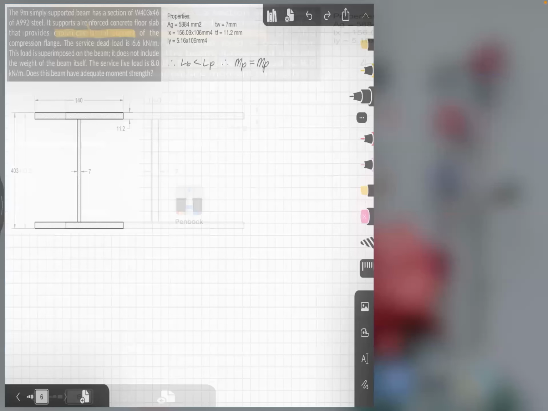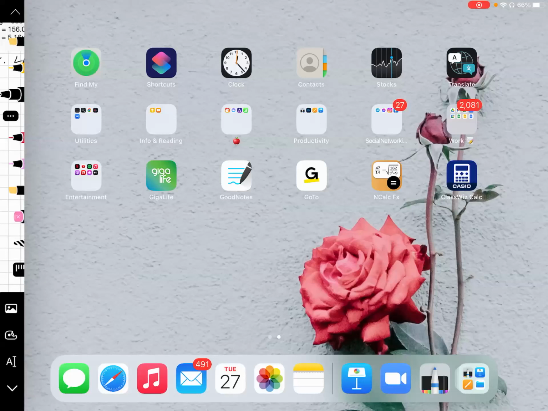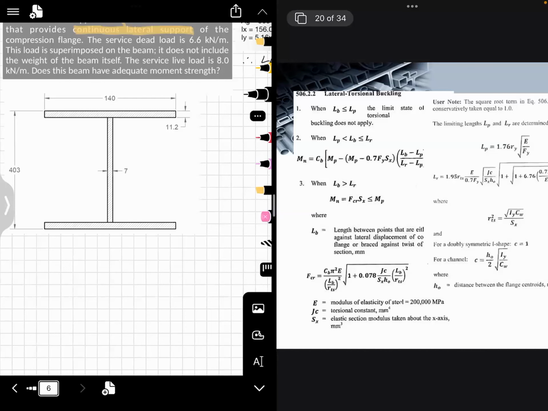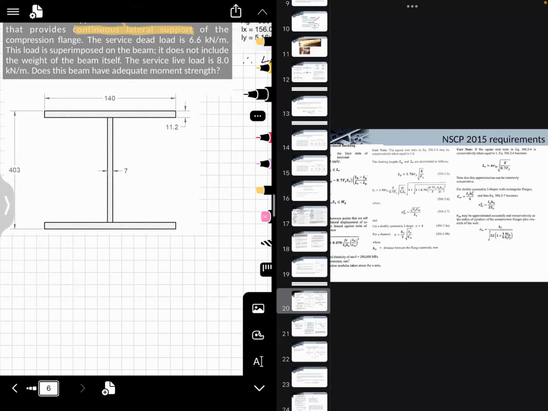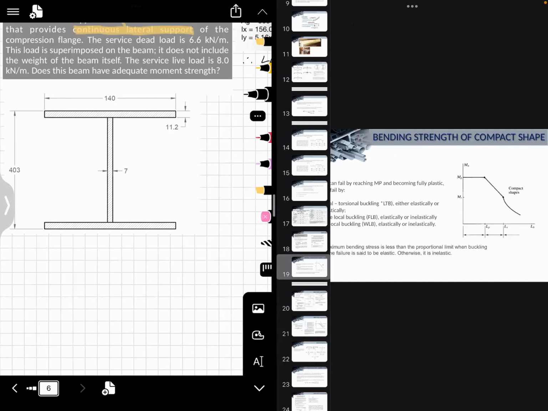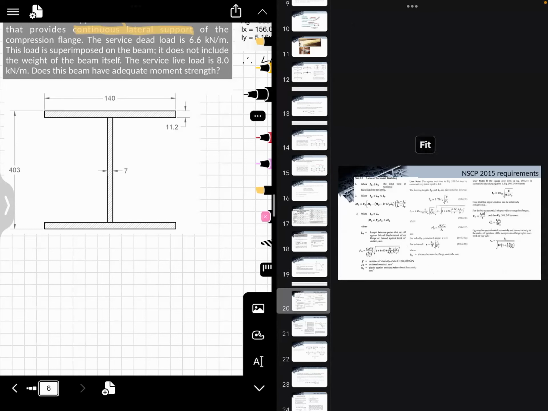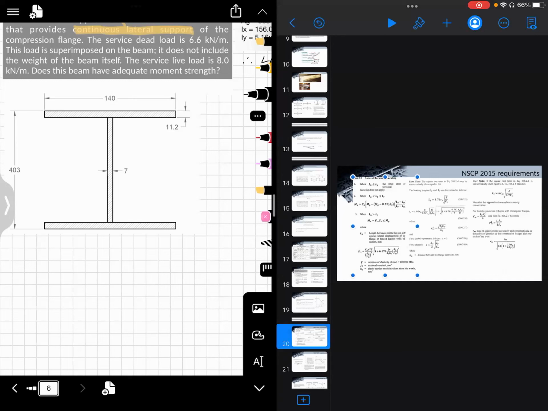Yun yung nandun sa earlier. So ito yun. So the limit state, bakit nagalaw? Nag-overlap kasi.